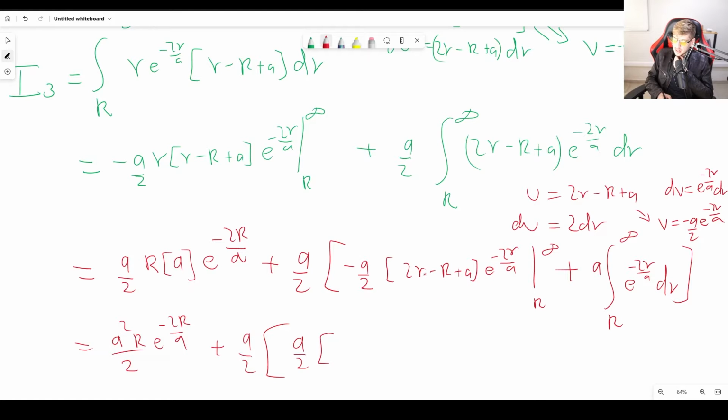And 2 big R minus big R is 1 big R. So R plus a, e to the minus 2r over a. And then this integral will give us minus a over 2 when we integrate the exponential. So we get minus a over 2 times the existing a, so we get a squared, times e to the minus 2r over a between R and infinity.